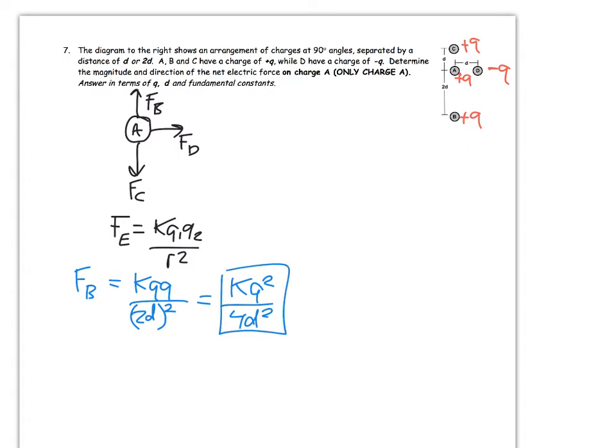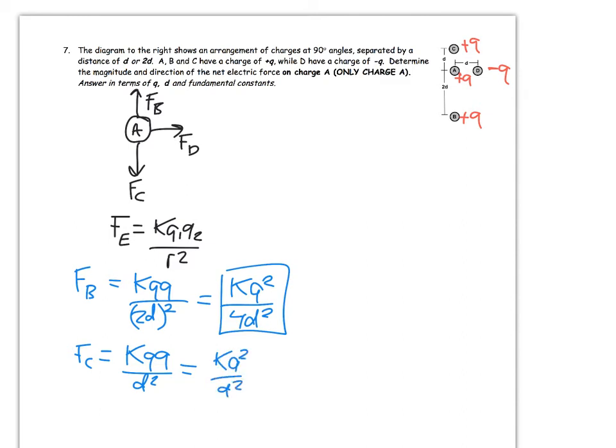For the force from C, FC, that is going to be equal to k times Q just over D squared, or kQ squared over D squared.